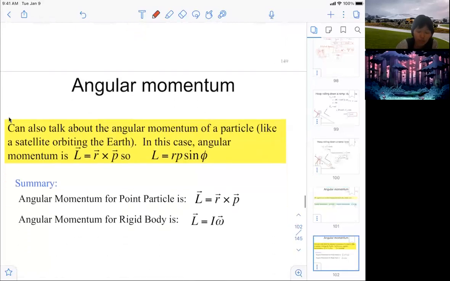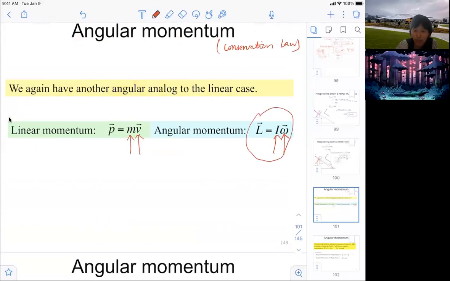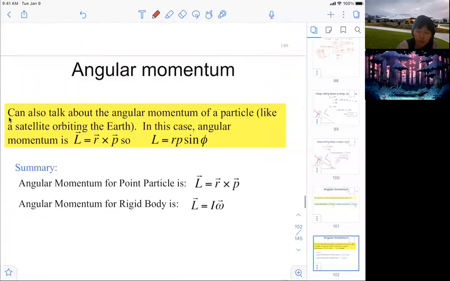So if you're talking about this equation that we just used, the counterpart for m and v, that is when we are dealing with a continuous distribution, like a ball, like a rod, like a sphere, or like a hoop or disc, that kind of thing. We use I omega. But if you're dealing with a simple point particle, like a satellite going around the Earth, then we define our angular momentum to be r cross p.